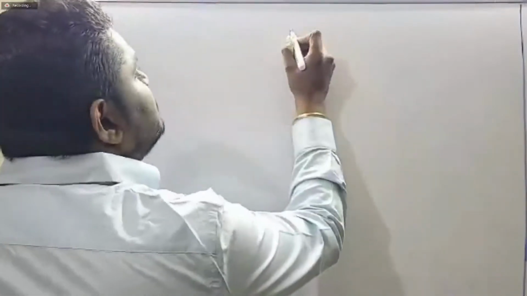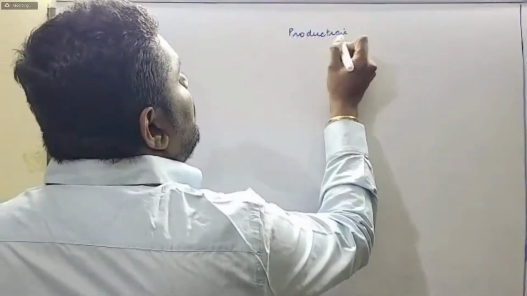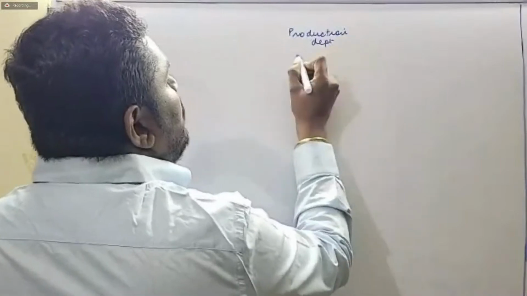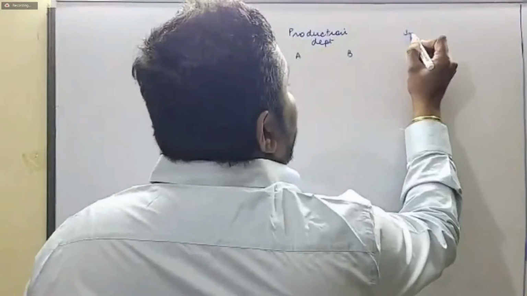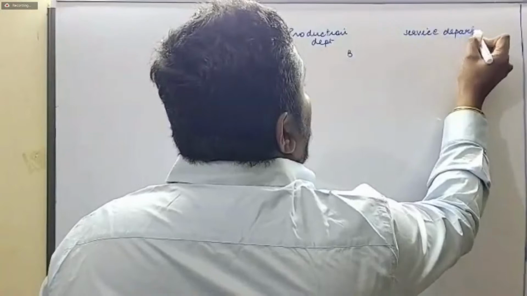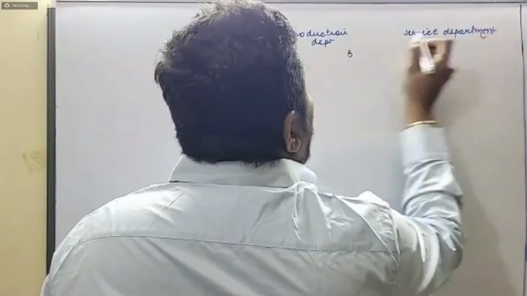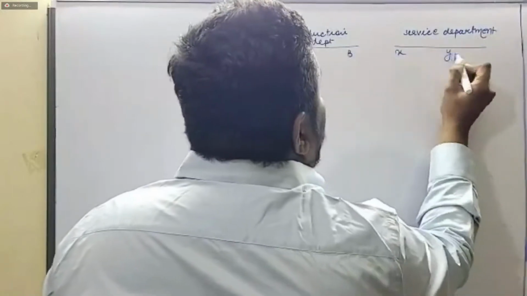Suppose the expenses of two production departments A and B and two service departments X and Y are as under. So there are two production departments A and B and two service departments X and Y.